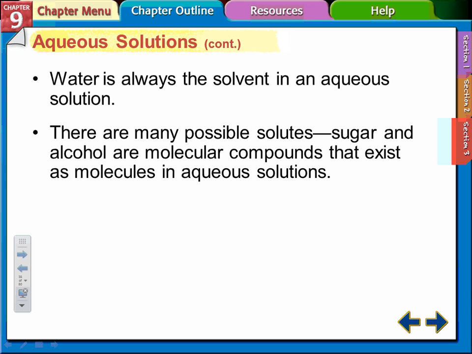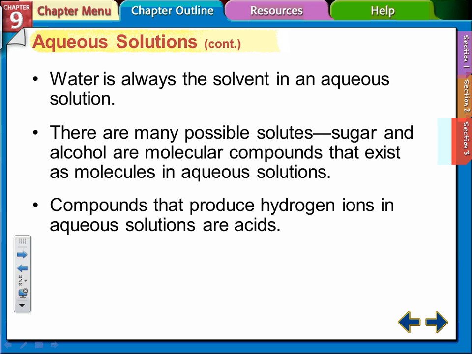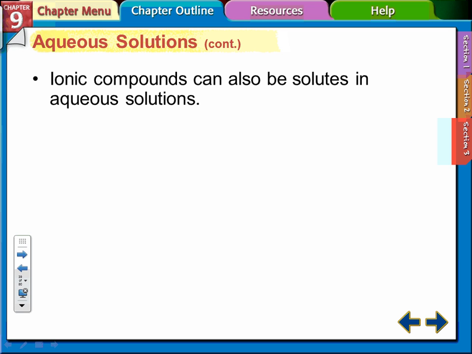So molecular compounds stay together as a molecule, but they still dissolve in water, whereas an ionic compound breaks apart. The ions break apart and dissolve in water. We'll get to this more when we do the chapter on acids, but compounds that produce hydrogen ions in aqueous solutions are called acids. So all the acids break apart and produce those hydrogen ions.